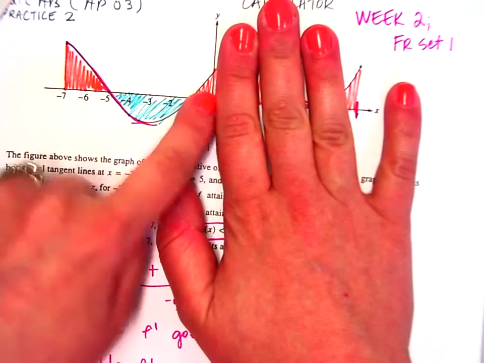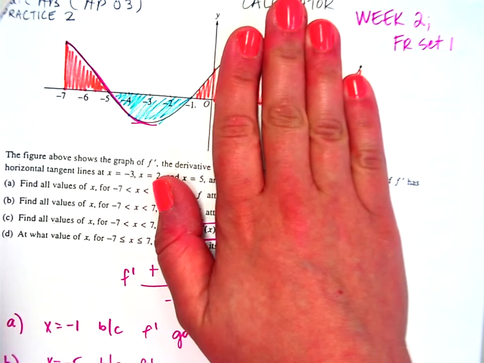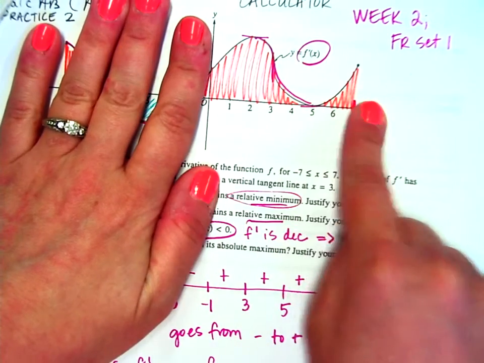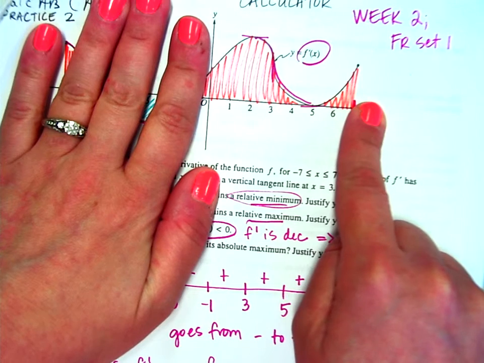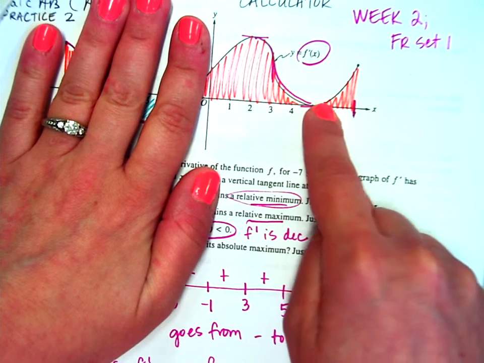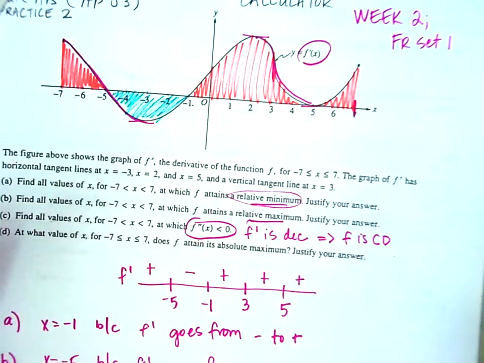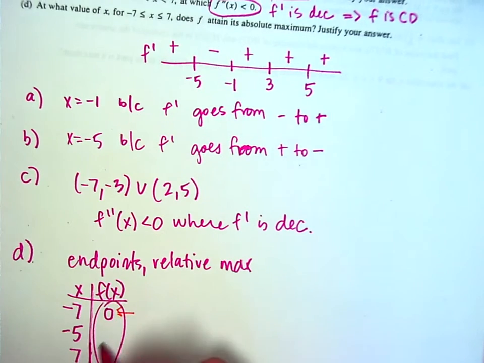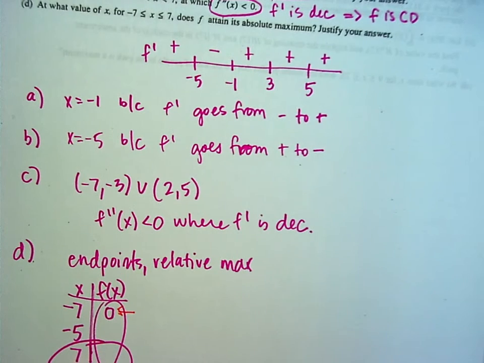Does that look reasonable to you? That means f of 7 is whatever number all of the rest of this orange area is. Wouldn't you say that all of this orange area is more area than is right here in this little triangle, which is what we're comparing it to? I think so. So we're going to say my absolute max is at x equals 7 because I have more area there than I had before.